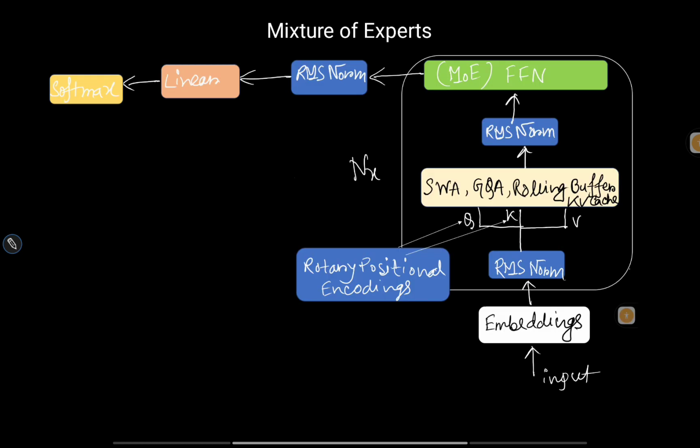Alright, so in this video I want to talk about the mixture of experts, which is actually the Mistral model. So let's talk about this. This is the diagram which I introduced at the start of this playlist series, where we can see the input goes through an embedding layer, then the embedding gets generated, which then gets normalized with RMS norm, and then we add the rotary positional encodings to the query and key matrices, and the V is kept as it is.